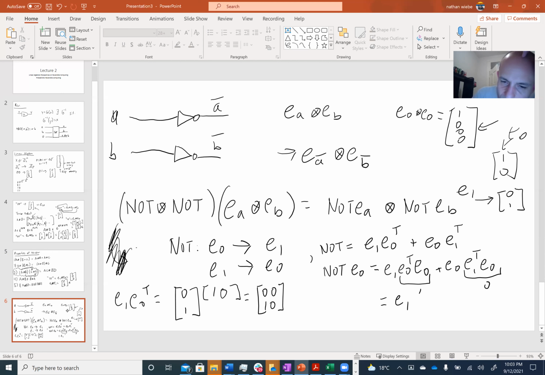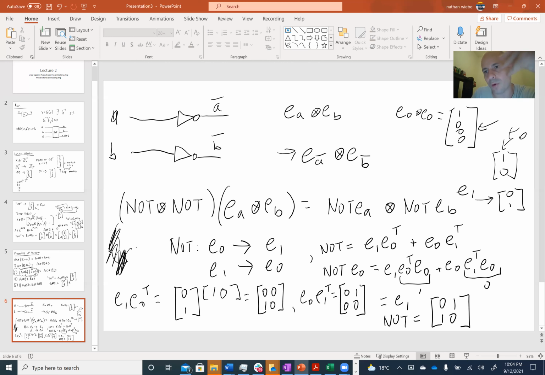Now the opposite will end up giving us E0 E1 transpose is equal to 0, 1, 0, 0. Now, of course, we could figure that out directly just by noting that these two terms are the transposes of each other. So therefore, the NOT gate has a matrix representation of 0, 1, 1, 0 in this language.